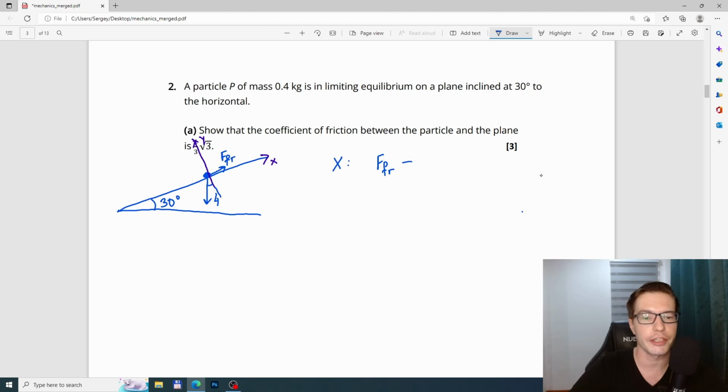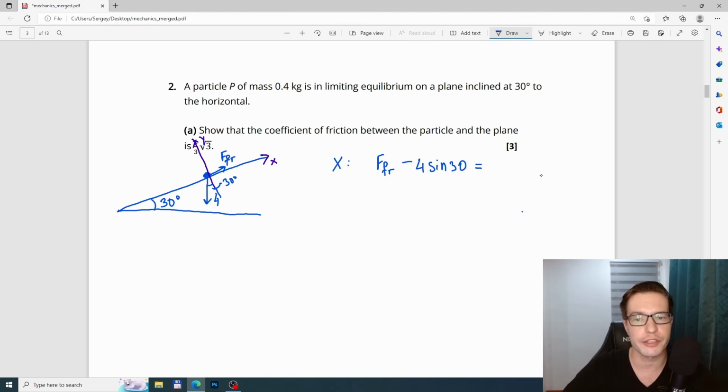This little angle here is 30 degrees, and the x component of the weight is opposite of that angle. So that means I'll have to multiply 4 by sine 30. Now remember that's the equilibrium, so that means the sum of forces equals 0.